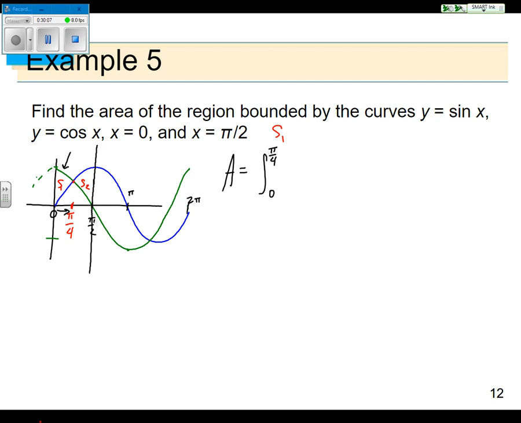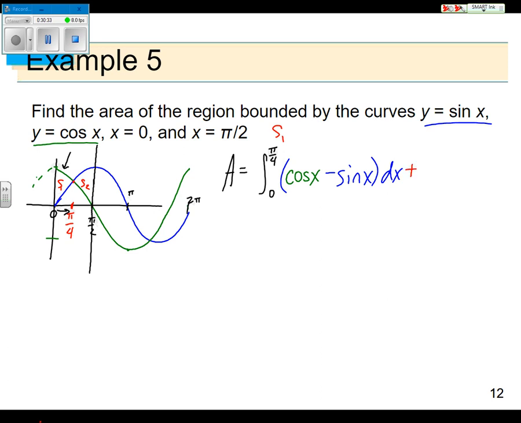My green line is my cosine, so I'm going to have cosine x right there. And then what's on bottom is my blue line. My blue line is sine of x because it came up from the origin. So I'm going to subtract off sine of x dx. Good news there, it doesn't look like I have any u substitutions on it, so we like that.